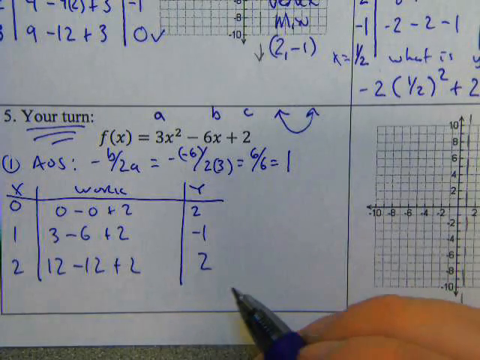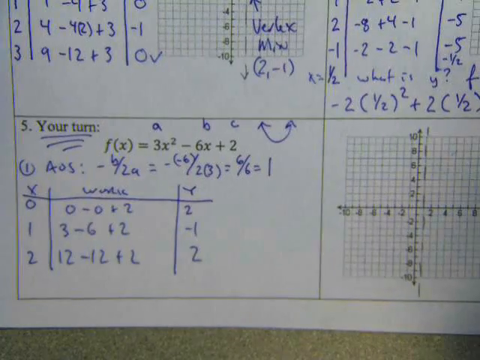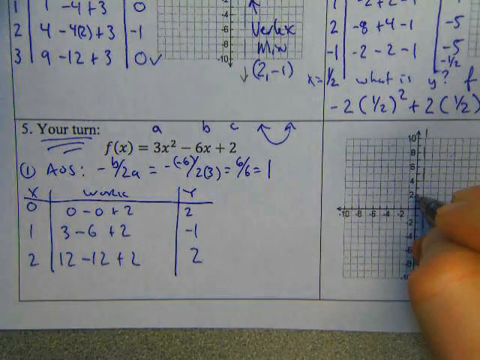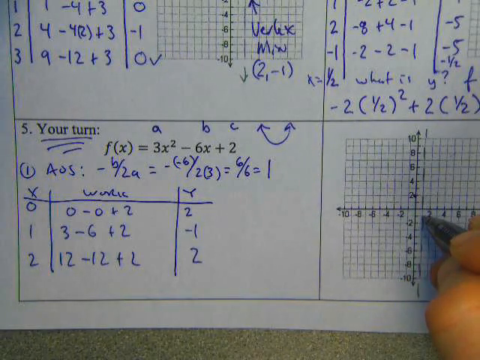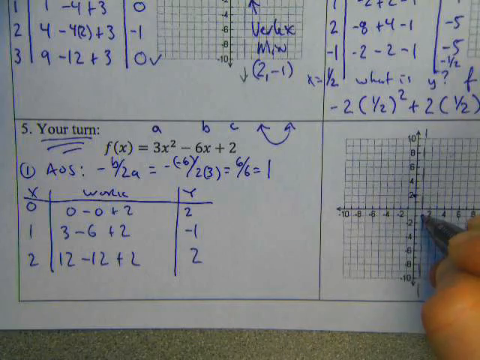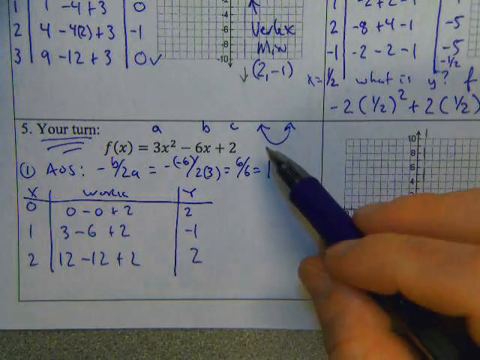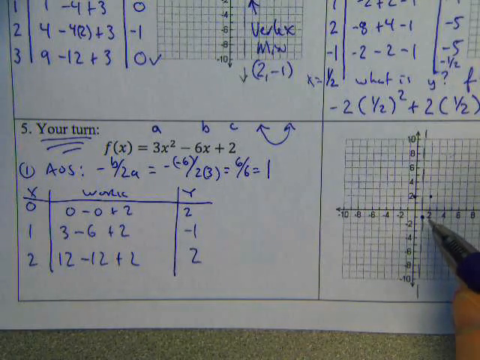Let's see what I've got when I do that. 0 and 2. 1 and negative 1. And 2 and 2. So that looks like my sketch. The vertex, it looks like I have that, but let me get 3.